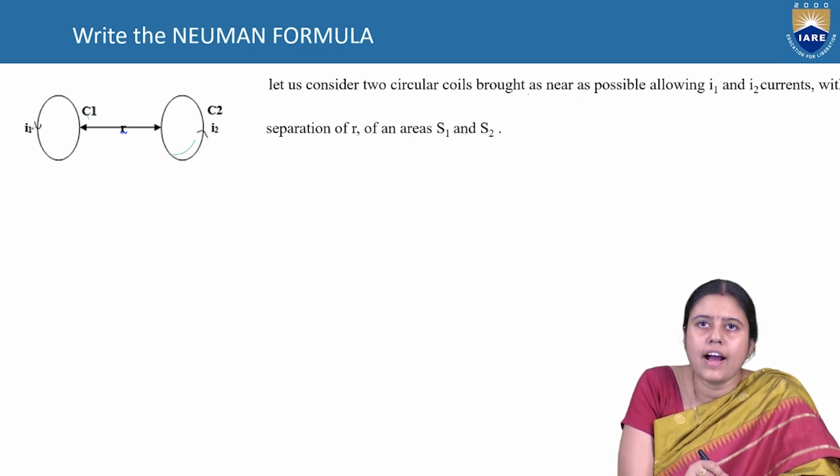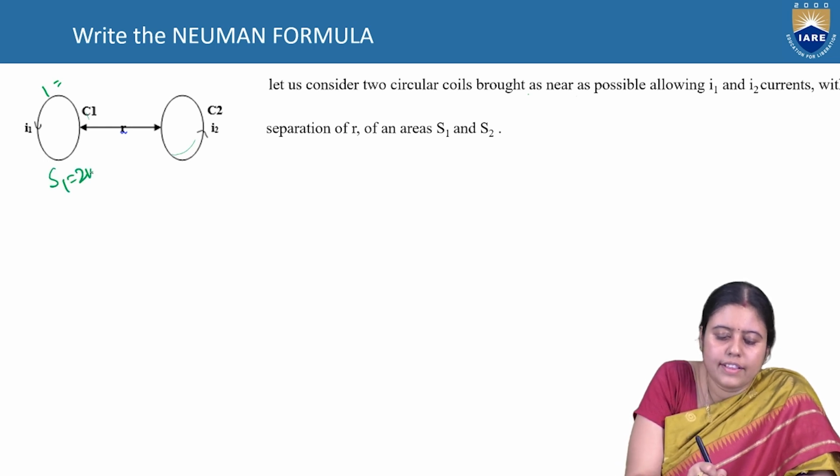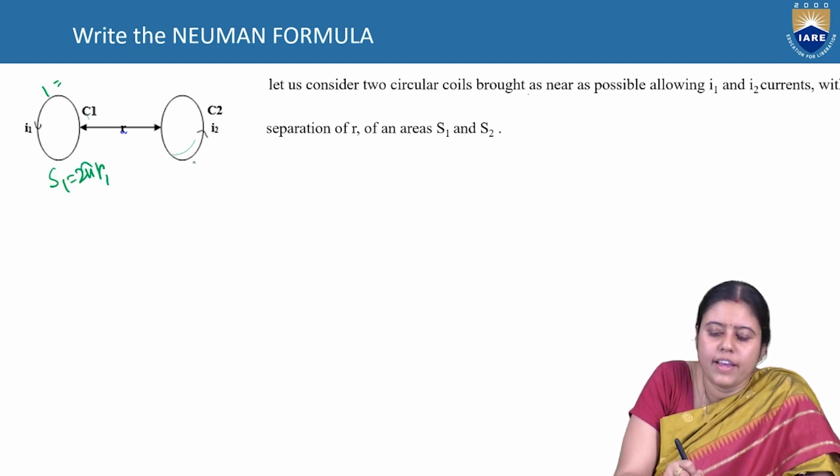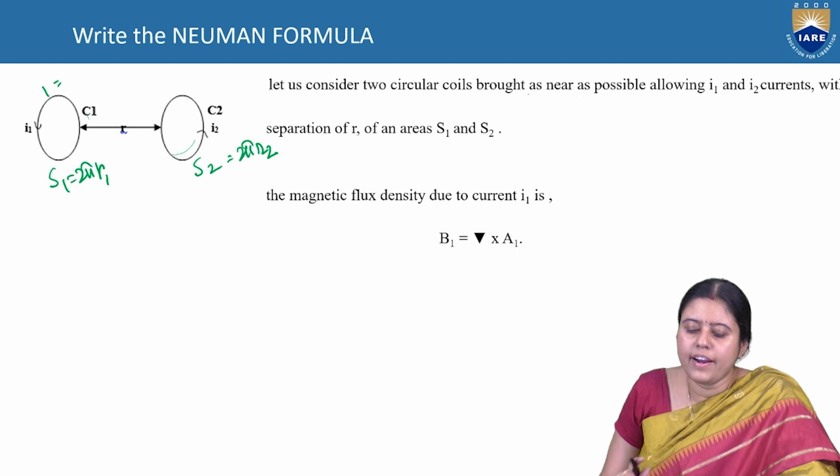The areas are S1. What is S1? S1 is nothing but the 2 pi R1. S2 is nothing but the 2 pi R2. So we have R1 and R2.